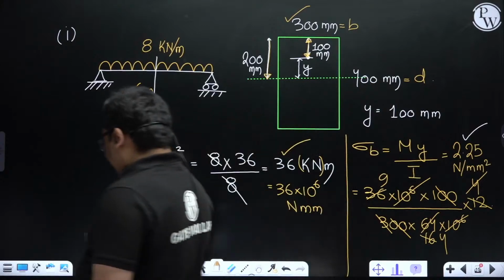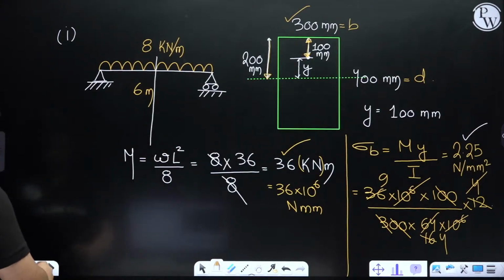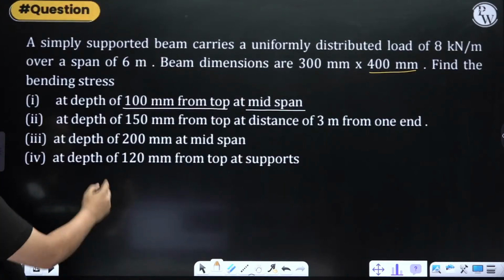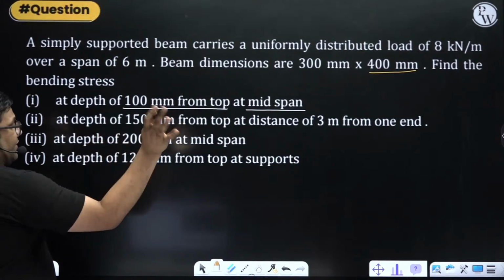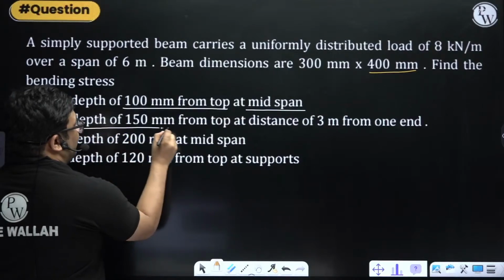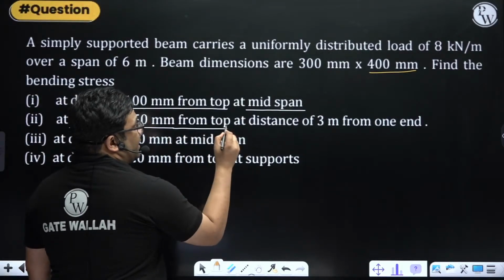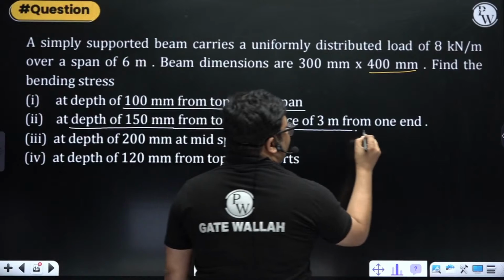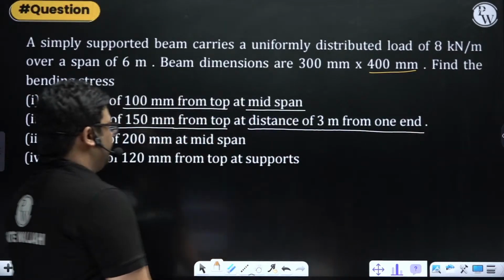Next question you do. Next question is what? Depth of, no, I will do. You will take time. Depth of 150 mm from top at a distance of 3 meter from one end.